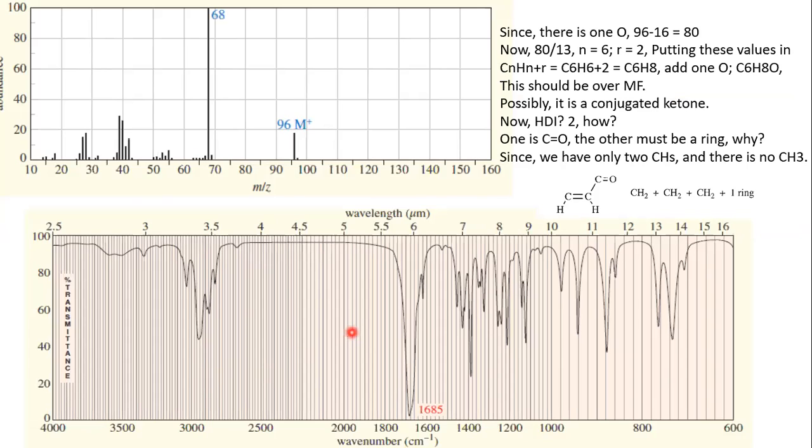So what is the possibility? Look at this peak. Here you have this 3000, your demarcation line, a very important line. And on the left of this line, you have this important absorption, this signal, and this signal is because of carbon-hydrogen stretching. Which carbon? sp2 hybridized.